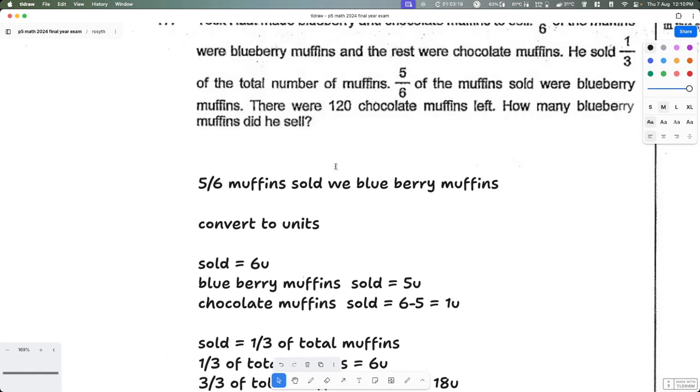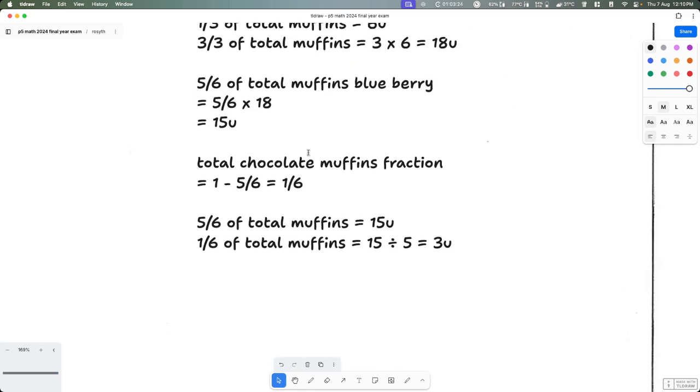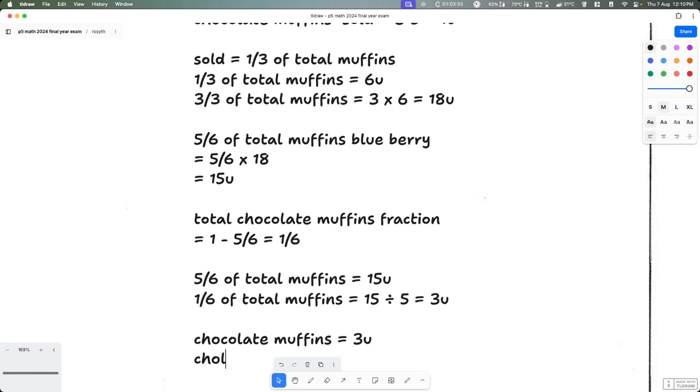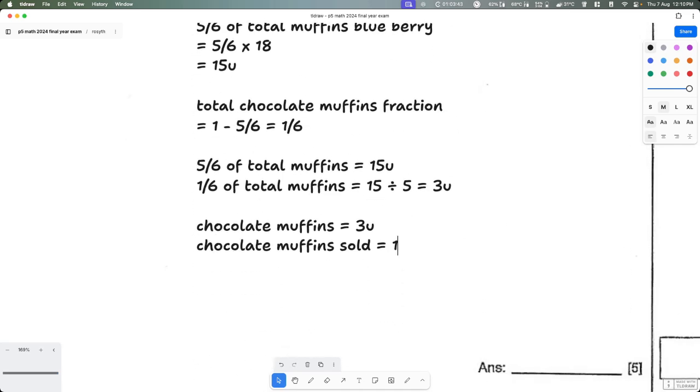Okay, so now we know how much is left. Chocolate muffins sold is 1 unit. Chocolate muffins total is 3 units. So chocolate muffins left is equal to 3 minus 1 equal to 2 units.